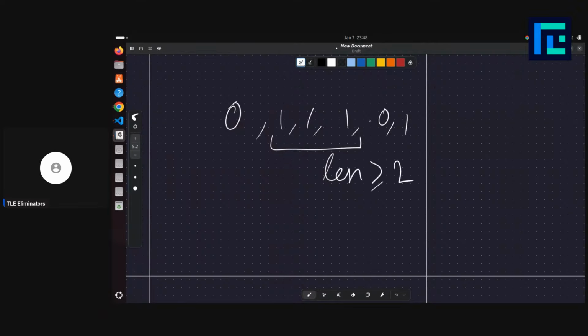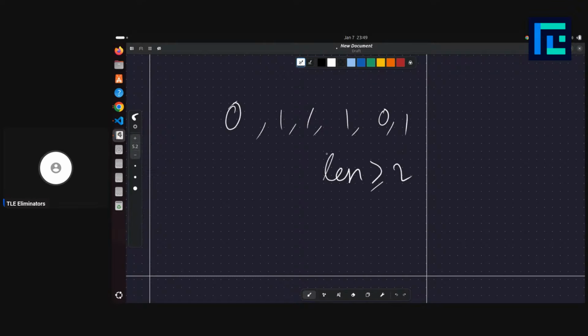Okay, and if in that subarray all the numbers are 1, they will delete that and replace it with 0, right? And if any one number is 0, like at least one number, let's say if Alice chooses this subarray, okay, then she will delete this and replace it with 1. Or I mean, whoever chooses this subarray has to replace it with 1. So this is the operation that they can do.